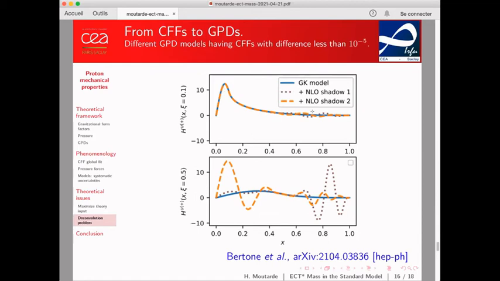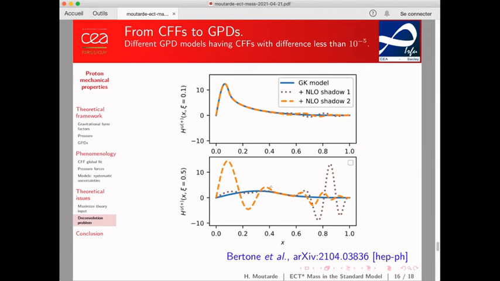There are two different GPDs on the plot. They are close to each other, so you may say that it's no big deal and we should not worry. But you see that at xi is 0.5, for instance, the shapes are wildly different, with one GPD being large in the ERBL region and the other one being large in the DGLAP region.